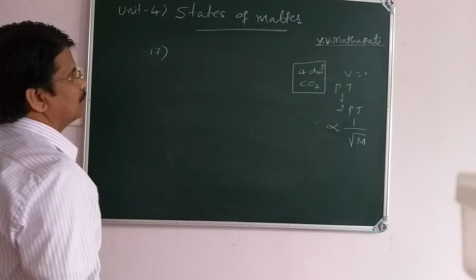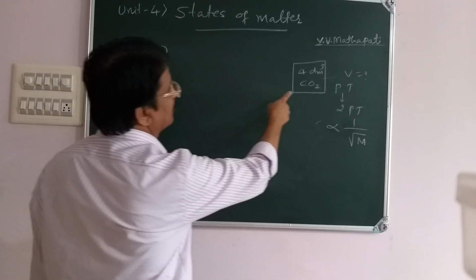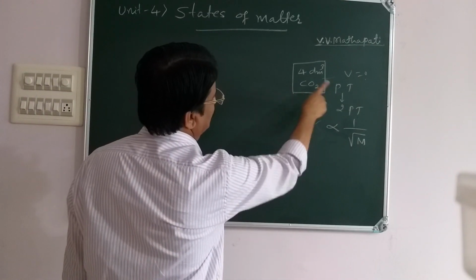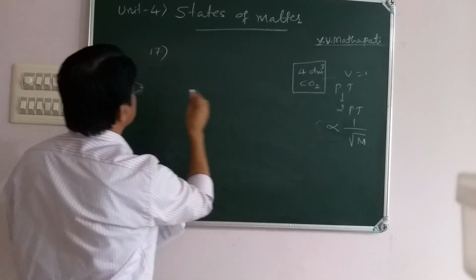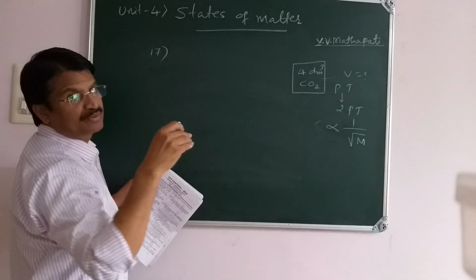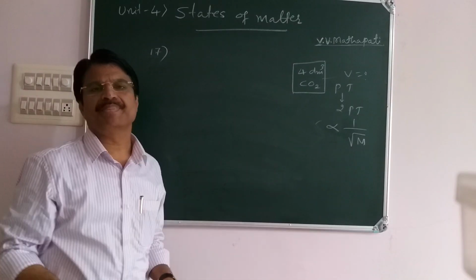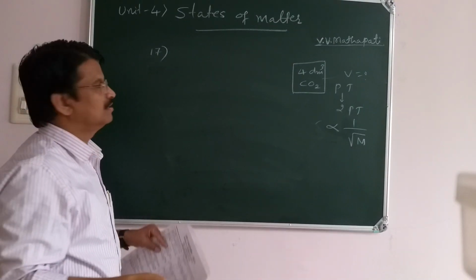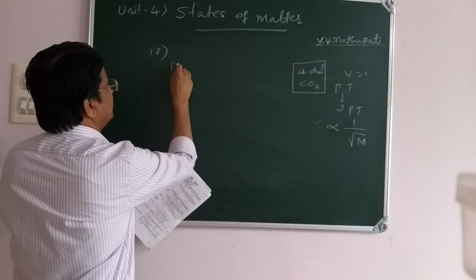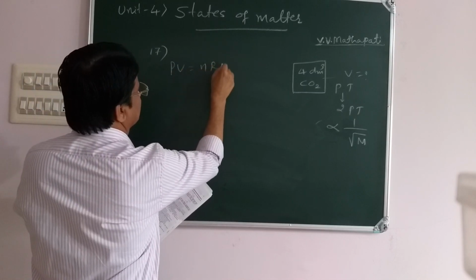So they are asking volume, and P and T are there. Therefore, you know the formula, from the combined gas equation or ideal gas equation, PV equal to nRT.